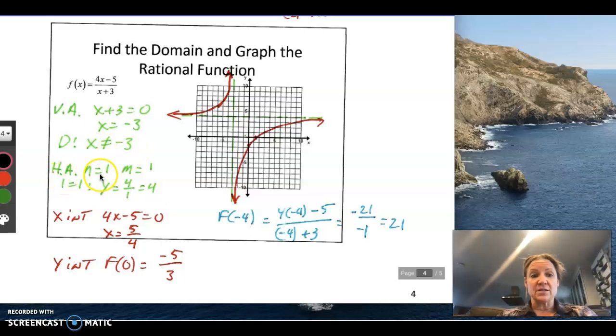That means the domain is going to be all real numbers except for where x is equal to negative 3. Okay, horizontal asymptote, the largest exponent of the numerator is 1, the largest exponent of the denominator is also 1, and so 1 is equal to 1.